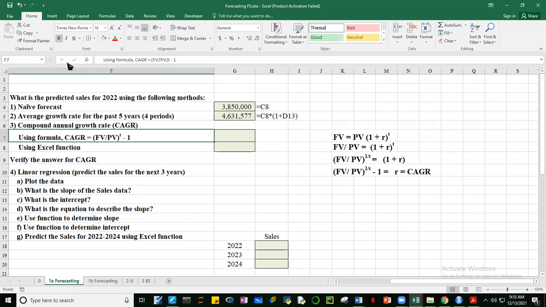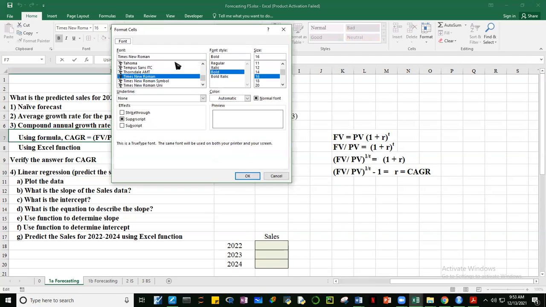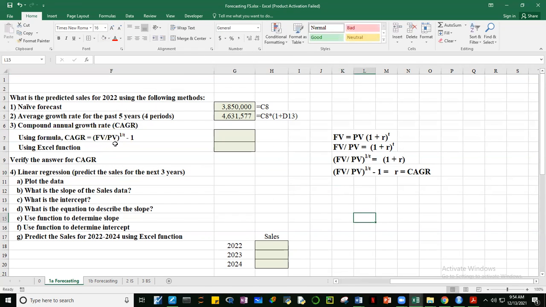So this, guys, sorry, there is a mistake here. It should be 1 over t. No? 1 over t. So no superscript. All right. So that's our equation, guys. Our CAGR is equal to the future value divided by the present value, raised to the 1 over t, minus 1.